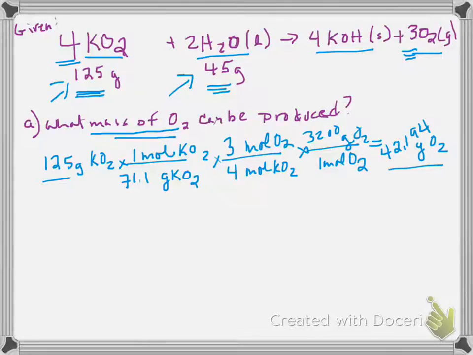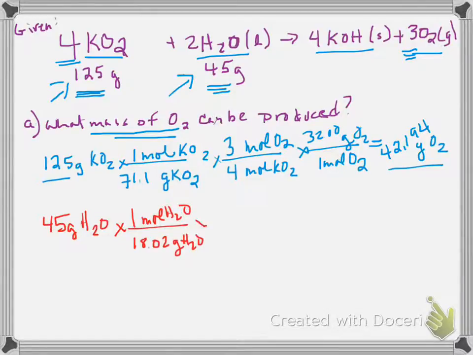Now I have to do the problem where I have 45 grams of water and as much potassium superoxide as needs to react with it. First thing I need to do is get the water to moles so that I can use a mole ratio from the balanced chemical equation to get to the moles of oxygen.